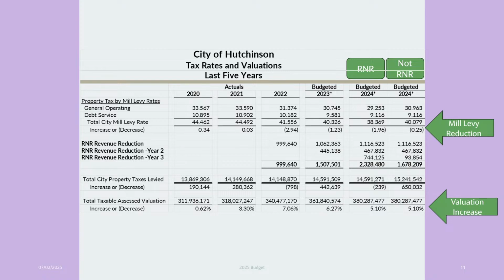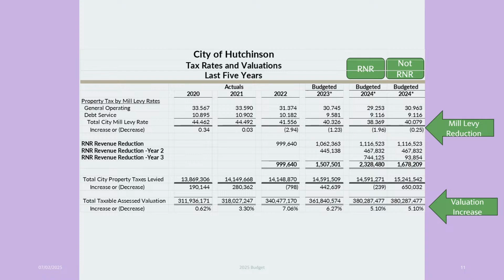And then to remain revenue neutral, so that's the second column from the right, we would have to decrease it by 1.96 mils. We're proposing the far right column to not remain revenue neutral and to only reduce it 0.25.